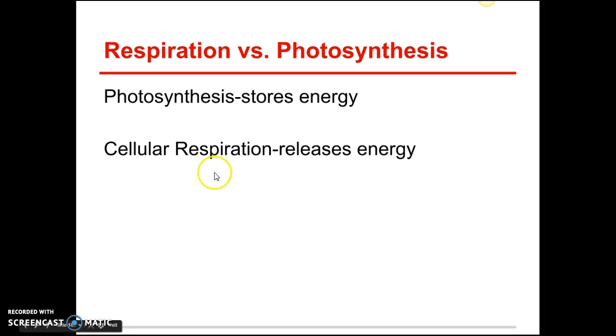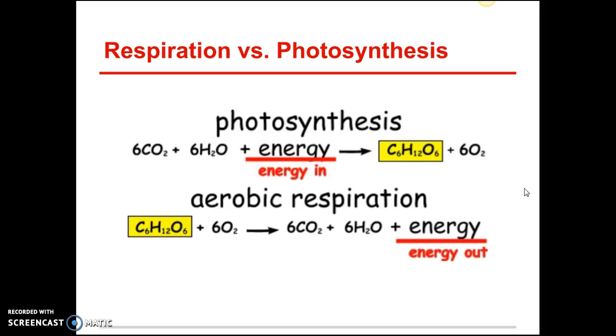Okay, so that's why plants can't just do photosynthesis. They have to do cellular respiration as well. All right, and then here's a picture of your formulas. You guys can see the formula for photosynthesis and the energy coming in. Now before I've shown you this energy as sunlight over your reaction, okay?